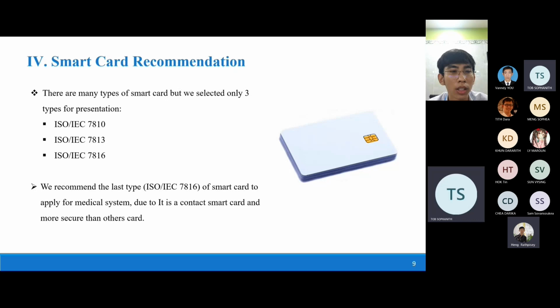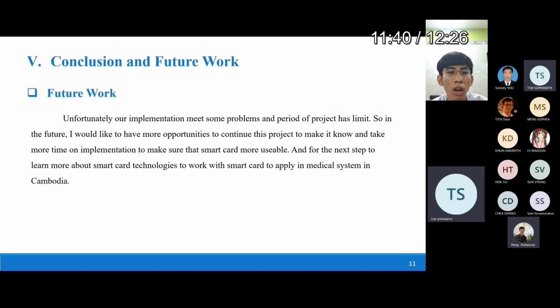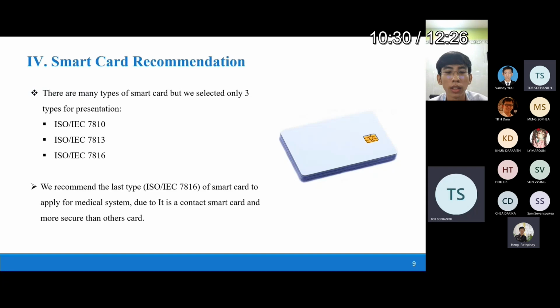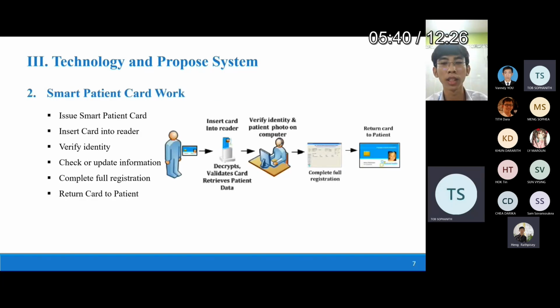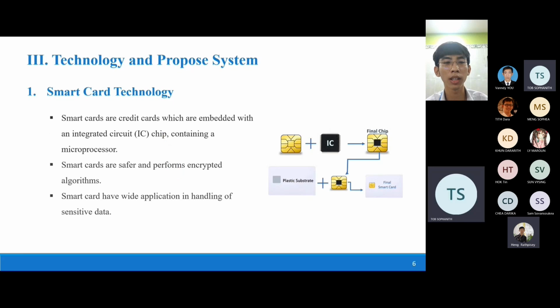Inside the card there is a microcontroller, microprocessor, or a memory chip that contains compressed and encrypted data that can be read from or written to at the point of care, using an intelligent reader in a system.